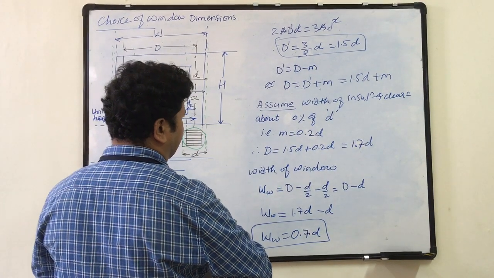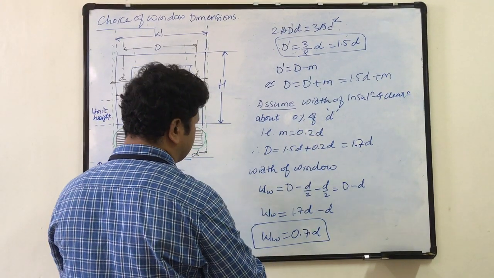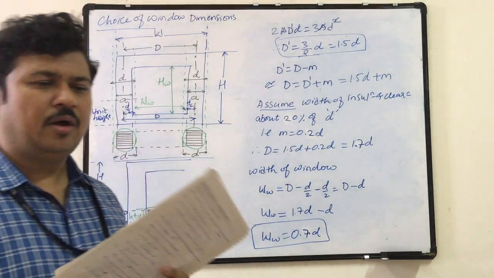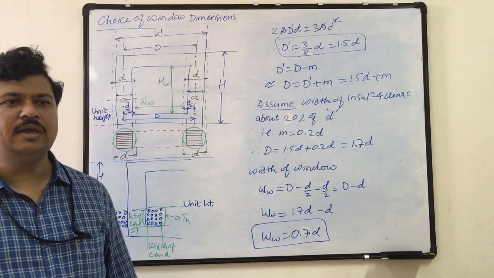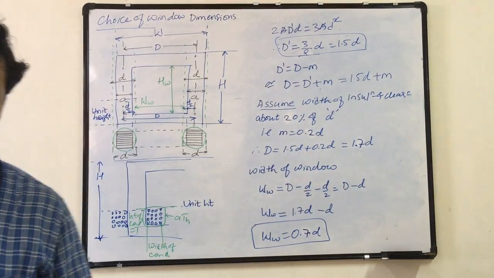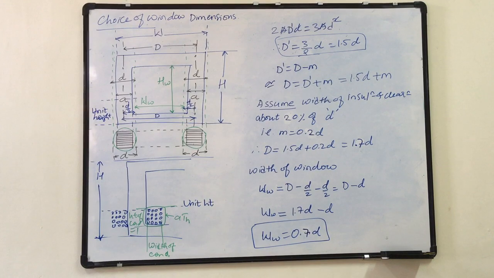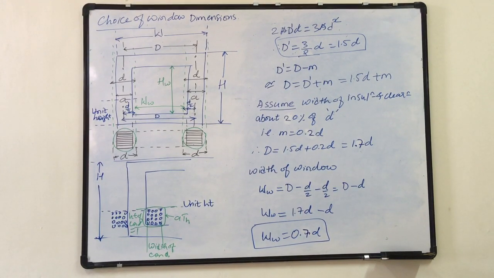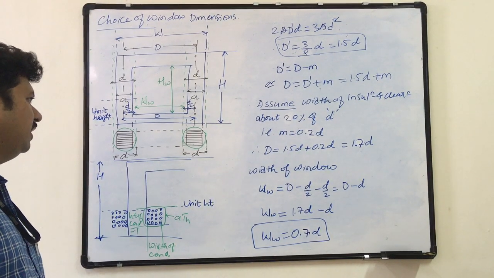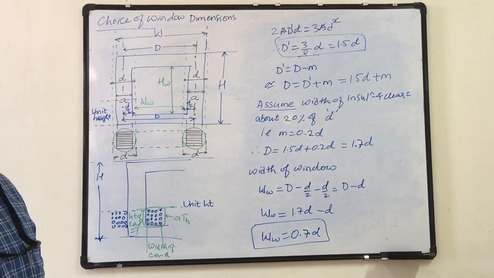Now if it is asked in the exam to obtain the optimum window width for maximum output of the transformer, simply derive this, as it is. So this is about the choice of window dimensions and the optimum width of the window to achieve the maximum output. Okay, so the next point will be the main dimensions of the transformer.